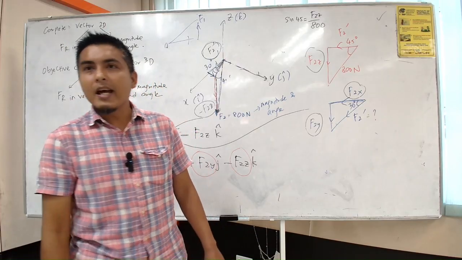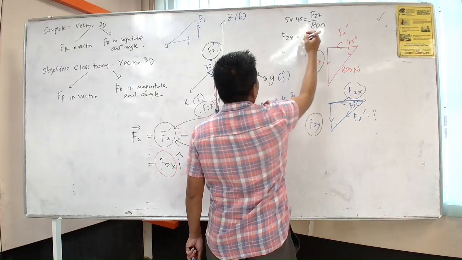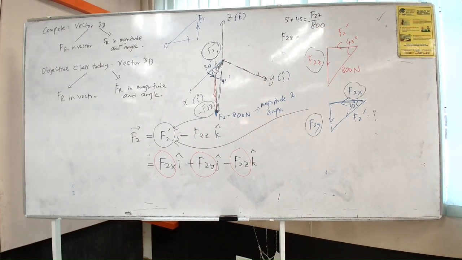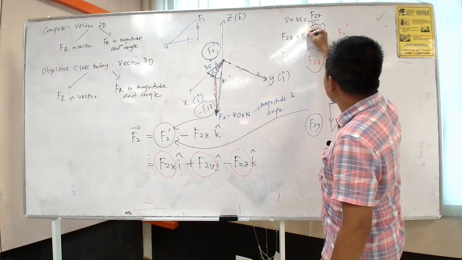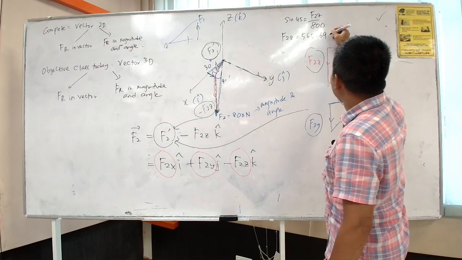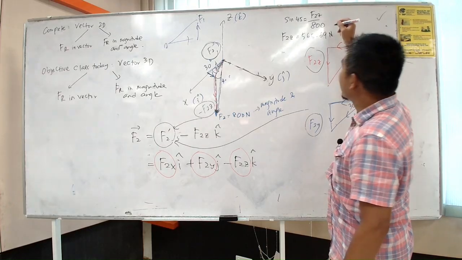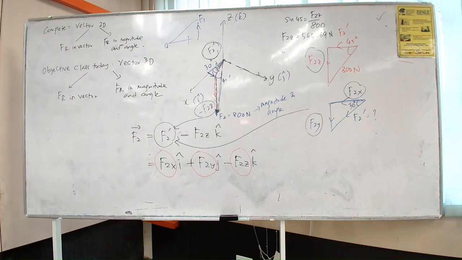And so the F2z equal to, what is the answer? 565. What is the unit? Newton. F2z. Okay.